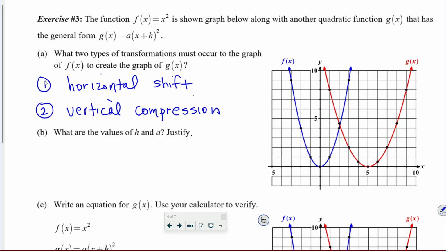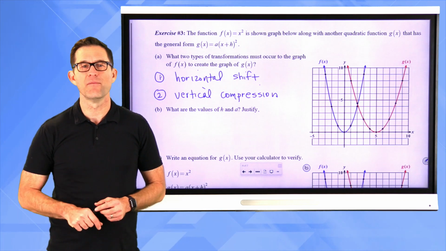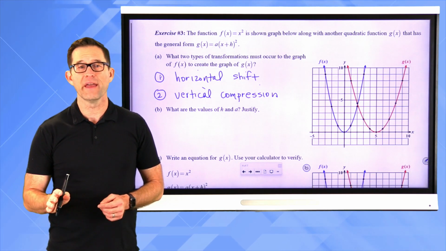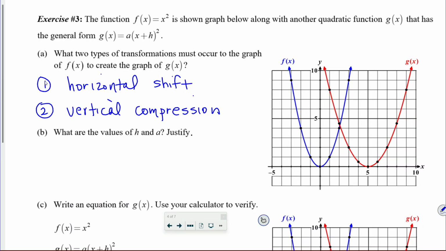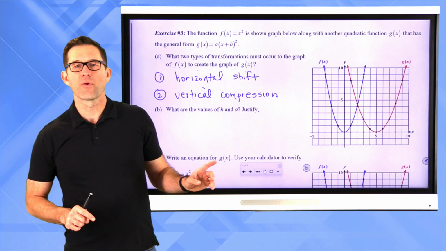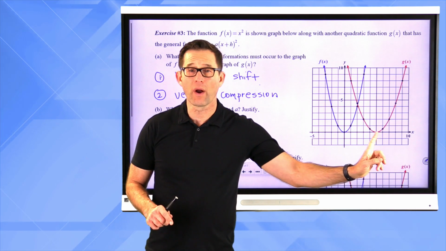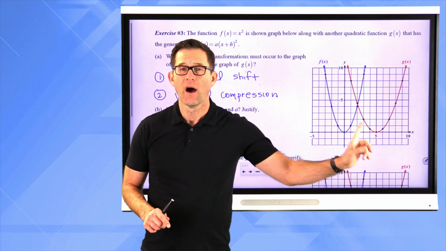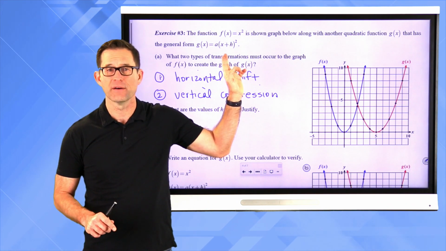All right. So now in B, let's get to the heart of it. What are the values of h and a? I'd like you to pause for a moment and see if you can think about what the values are of both h and a. Okay. Well, a little bit unfortunate here, but since I'm moving the graph of f of x to the right 5 units, I really need to subtract 5 from x in order to do that, okay?